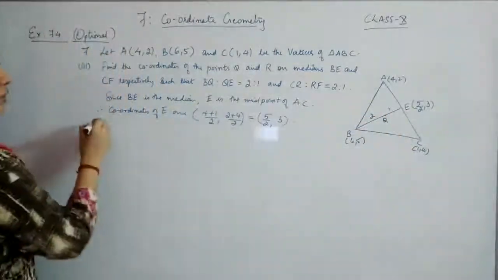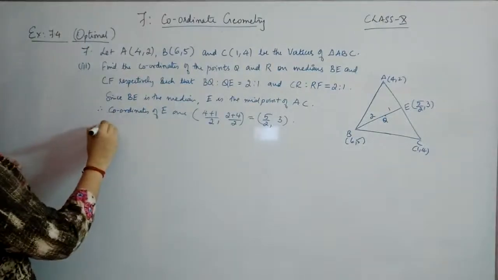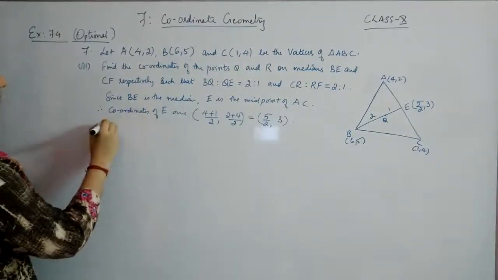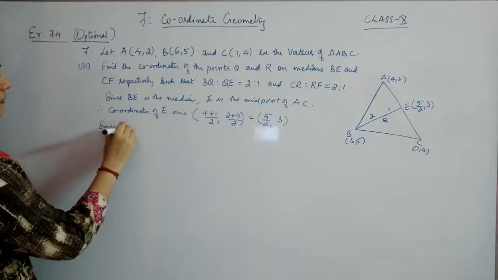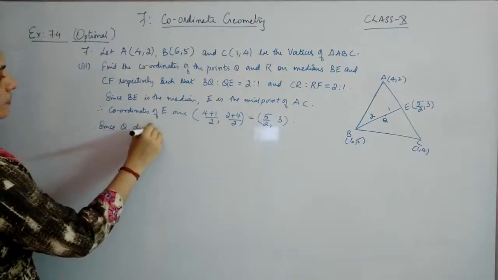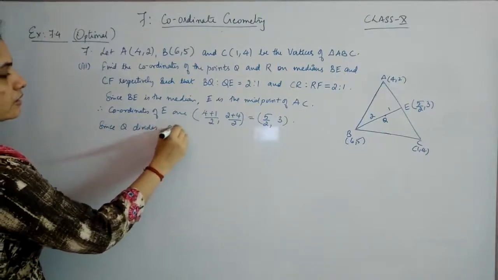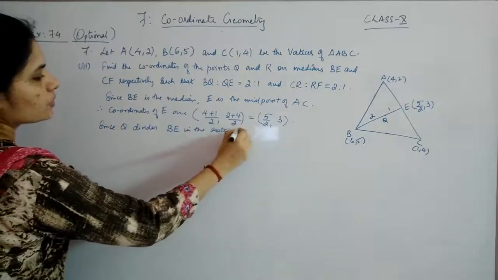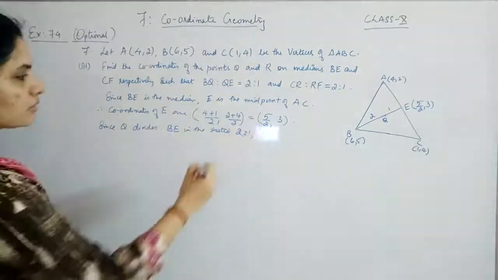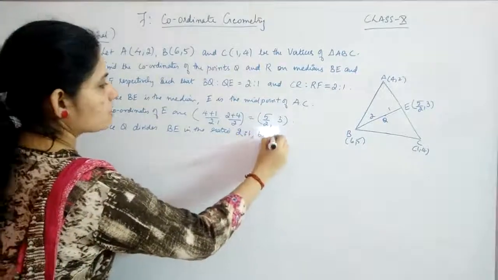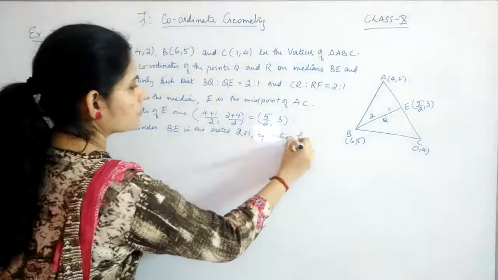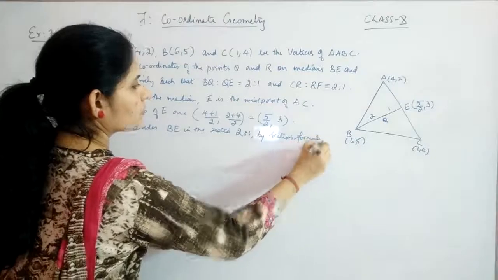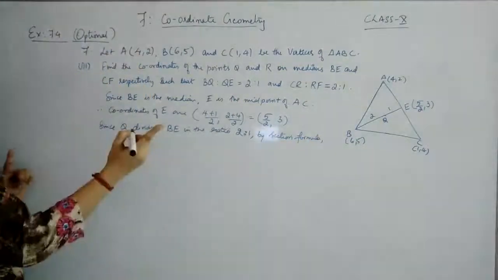Okay, therefore the coordinate of Q, since Q is dividing BE in the ratio 2:1, by section formula, the coordinates of Q you can get, right?